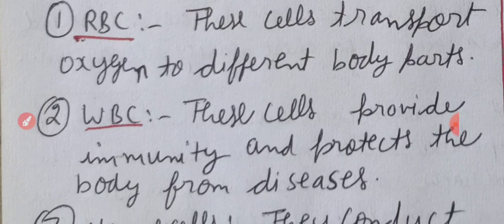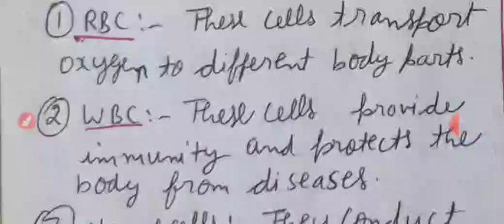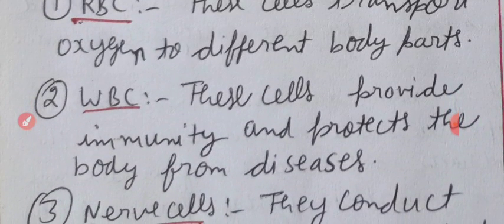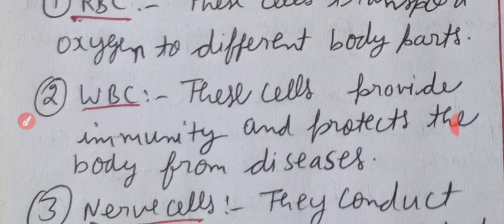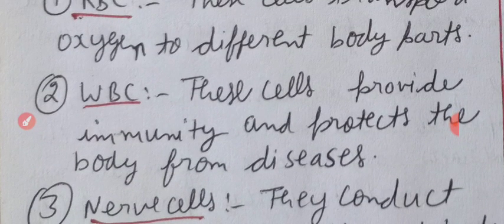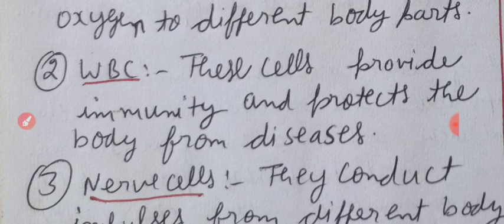So first we have RBC function: these cells transport oxygen to different body parts. Second, we have WBC. These cells provide immunity and protect the body from diseases.